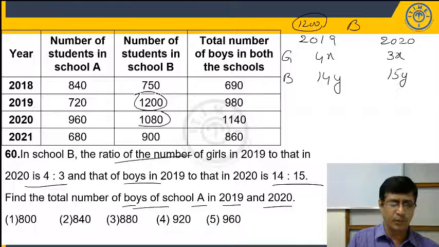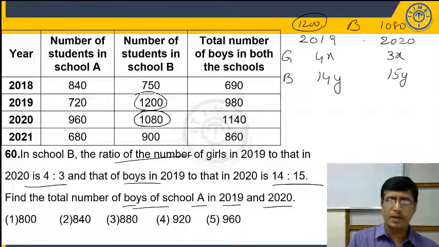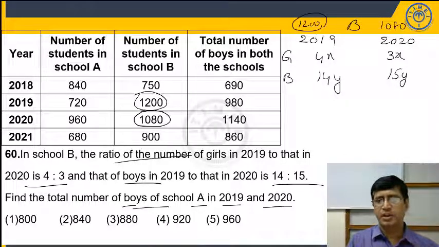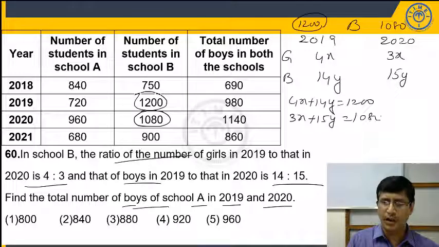It is 1080. Now 4x plus 14y is equal to 1200. Similarly, 3x plus 15y is equal to 1080.